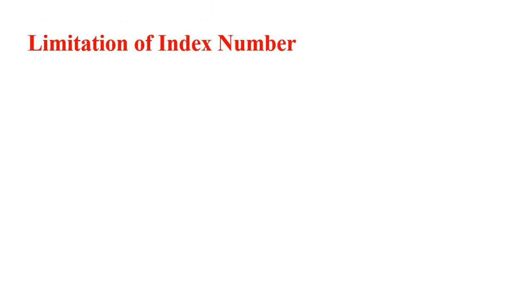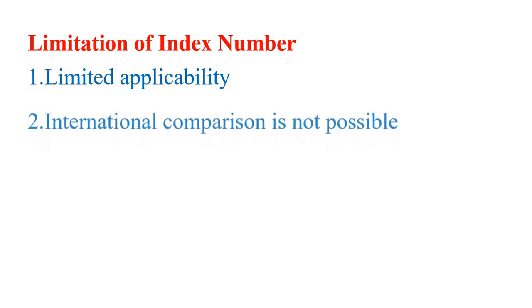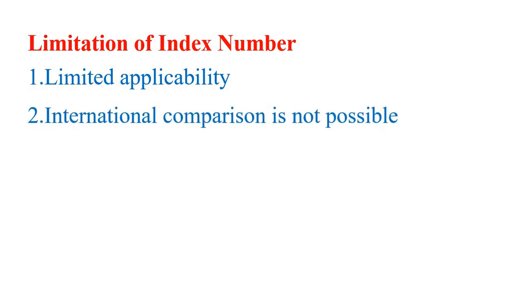What are the limitations? There are places where it is not suitable to make a study: limited applicability. Really few places use index numbers. Then international comparison is not possible, because it is statewide or group-wise within the country.